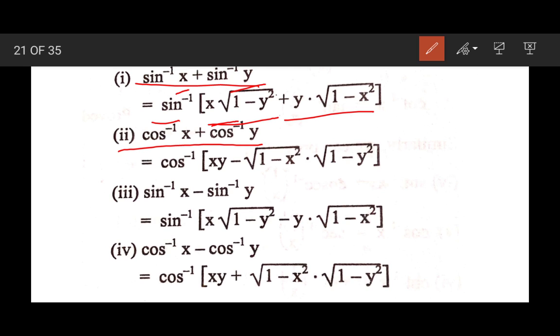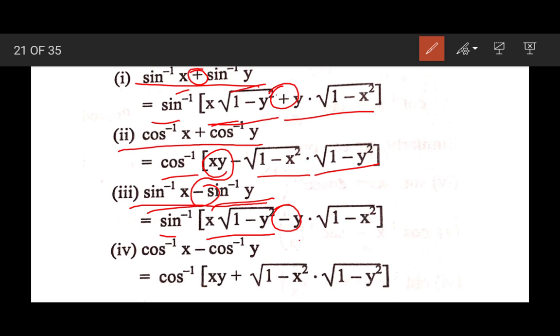Similarly, cos inverse x plus cos inverse y is equal to cos inverse of xy minus root of 1 minus x square into root of 1 minus y square. Then sin inverse x minus sin inverse y: here it is plus, here it is minus. So sin inverse x minus sin inverse y is equal to sin inverse of x into root of 1 minus y square, here it is minus, y into root of 1 minus x square.